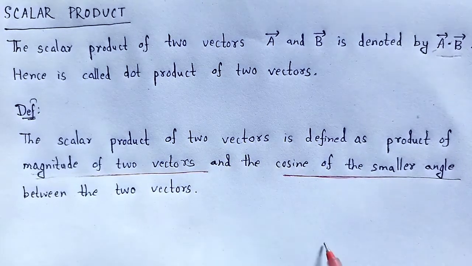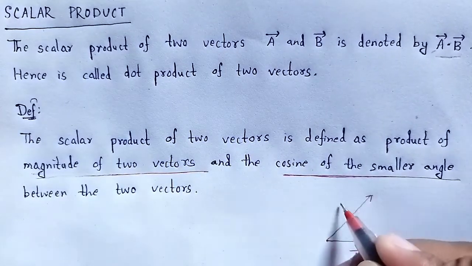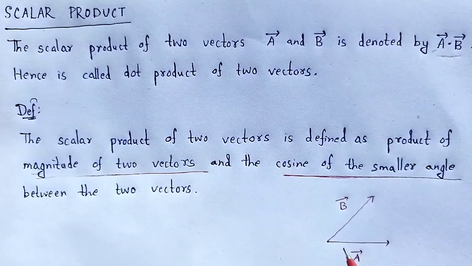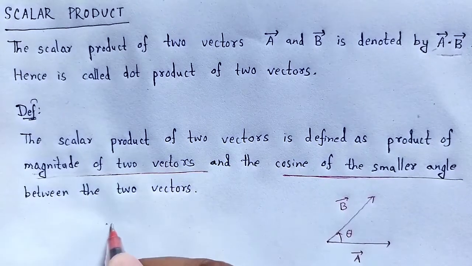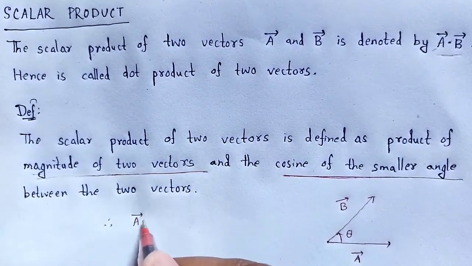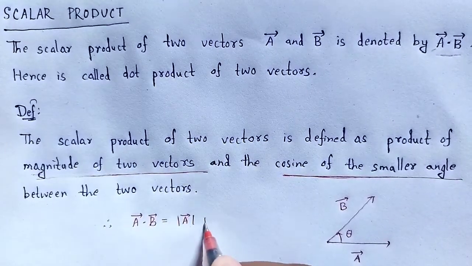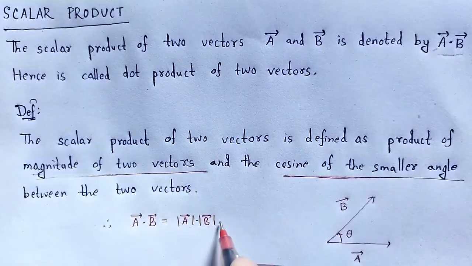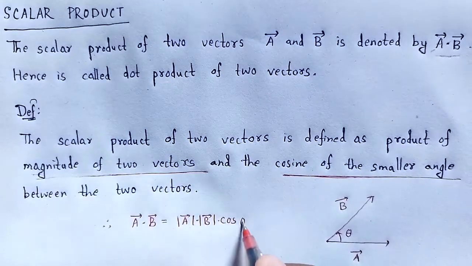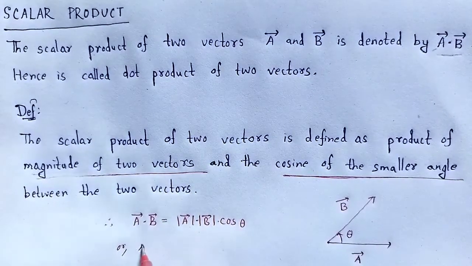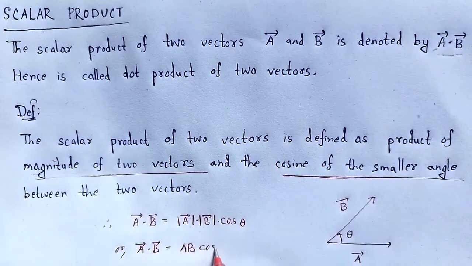If A is a vector and B is another vector, and the angle between A and B is theta, then according to our definition, A dot B is equal to the product of magnitude of these two vectors and the cosine of the smallest angle between these two vectors, that is cos theta. Or we can write A dot B is equal to A B cos theta.